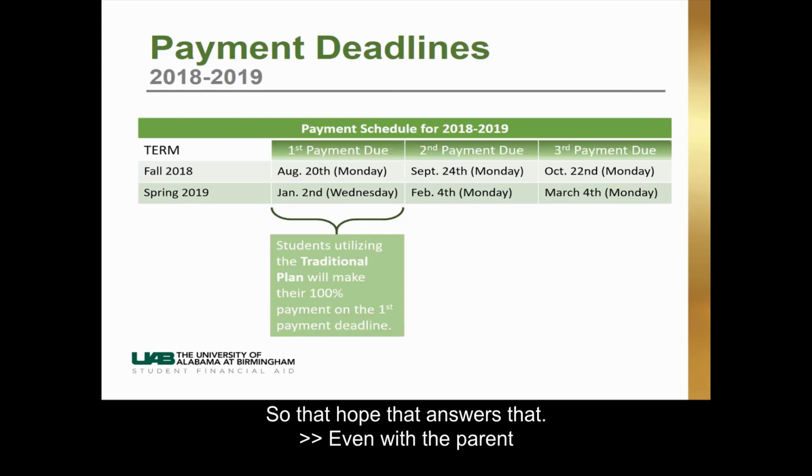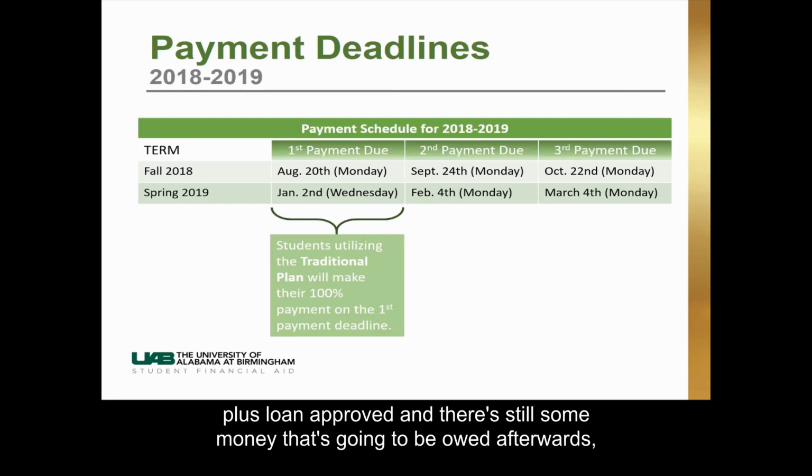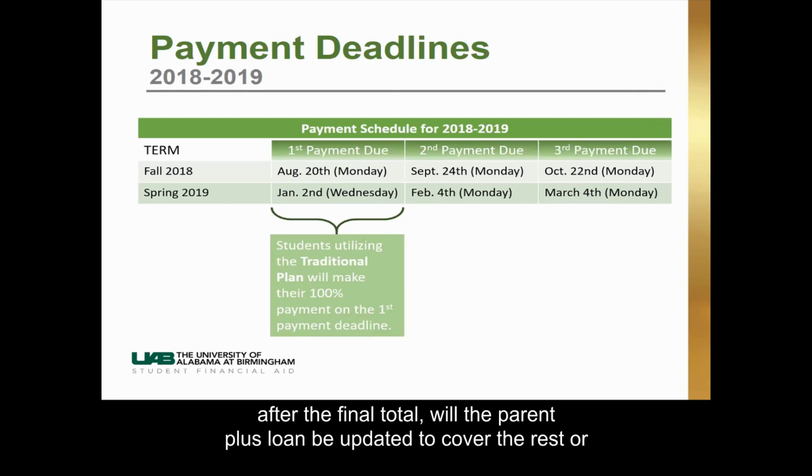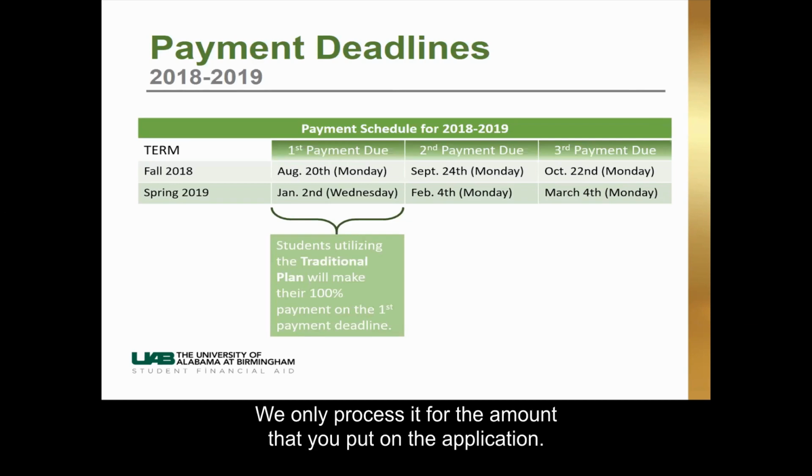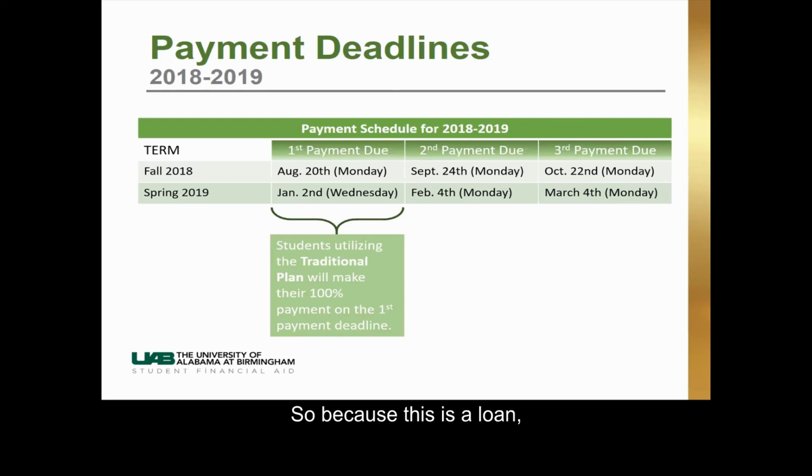If you have the Parent Plus loan approved and there's still some money that's going to be owed afterwards, after the final total, will the Parent Plus loan be updated to cover the rest, or do you have to reapply? No, the financial aid office does not update awards automatically if a student still owes a balance. We only process it for the amount that you put on the application. Because this is a loan, we would never increase that without the parent's permission.